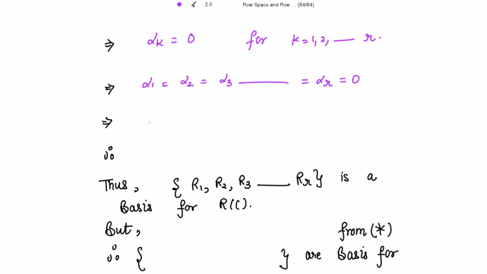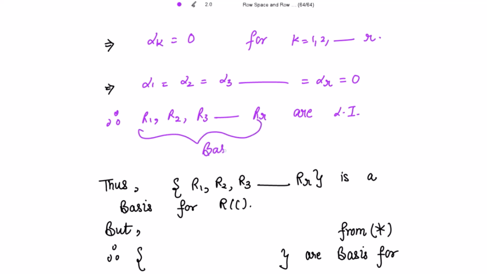So this implies R1, R2, R3 up to Rr are linearly independent. And because these are linearly independent, and they also span the row space of C, all these form the basis for the row space of C, right? So thus this complete set is a basis for R(C).